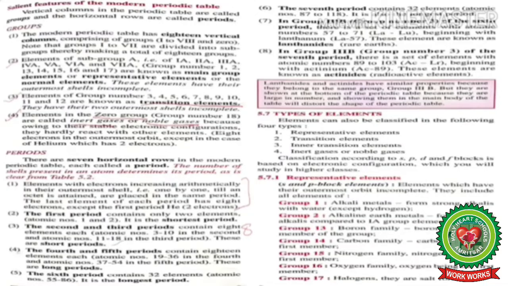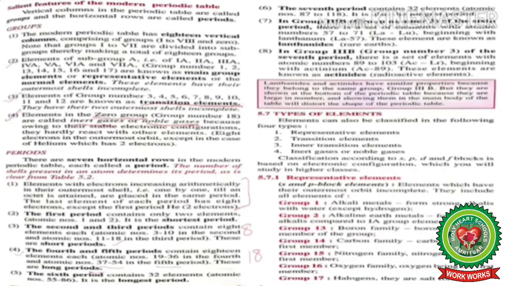These are short periods. Fourthly, the fourth and fifth periods contain 18 elements each, atomic numbers 19 to 36 in the fourth and atomic numbers 37 to 54 in the fifth period.